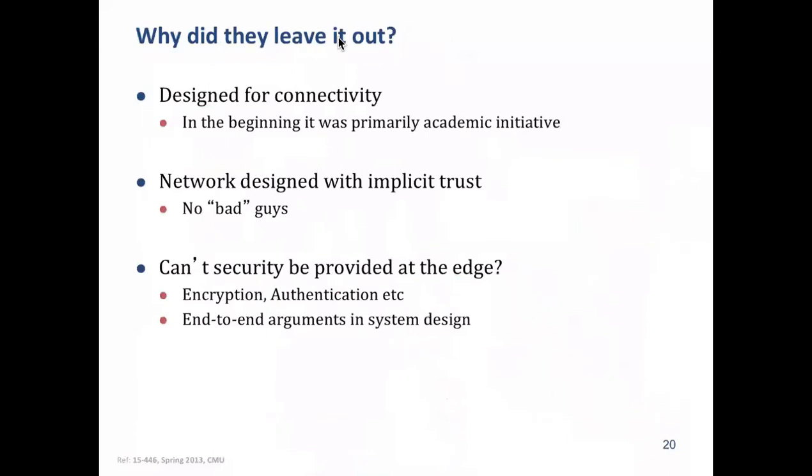So the internet is designed for connectivity. It was designed for trust. Nobody thought there could be bad guys, right? And it was thought that if you need anything more than the very simple things that it can provide, then let the end application take care of it.